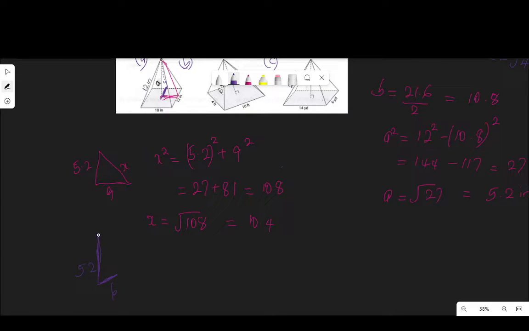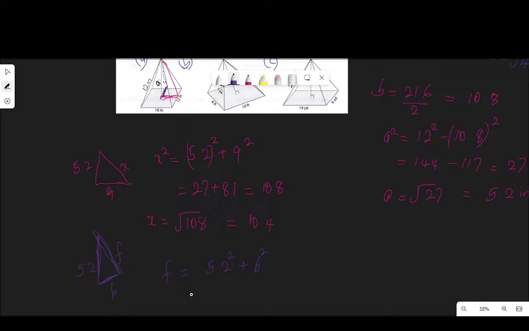This is what I'm looking for here. Oh, what a wonderful drawing that I drew there. The height of the front and back triangle, let me call it F. So F will be the A, which is 5.2 squared plus 6 squared.